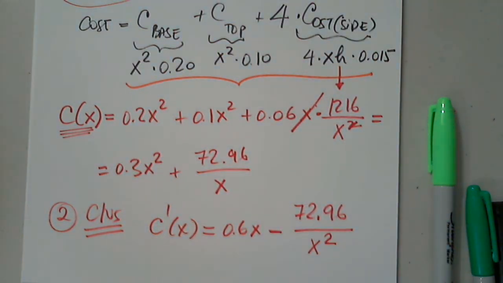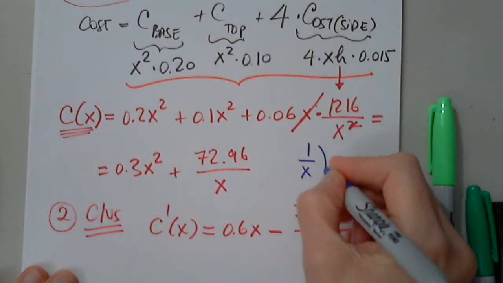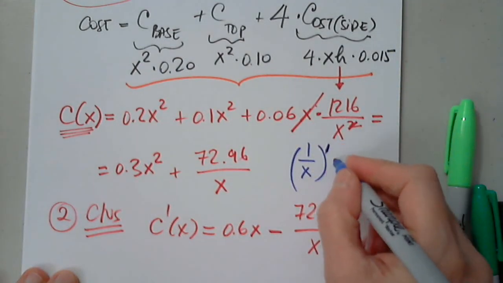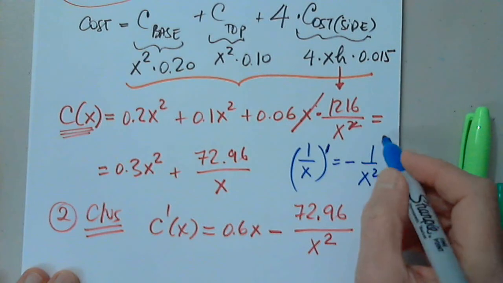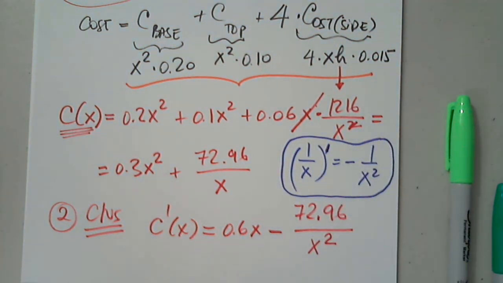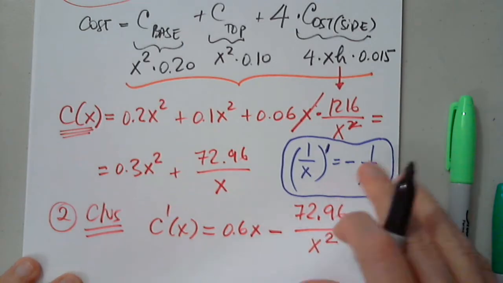If you have any doubts how I got from here, please stop me now. Let's take a moment and look at it. Always remember this formula: 1 over x, this is a constant, it can stay outside. Prime is negative 1 over x squared. Please remember this formula. It's very useful, especially for the next chapter, chapter 4. Now I have to find the least common denominator.